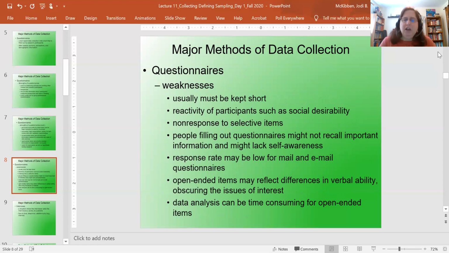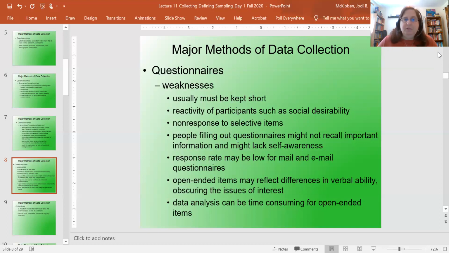And people filling out questionnaires when they're about opinions and attitudes, they might not report important information that they don't remember or that they're not aware of. If you do mail or email those kind of questionnaires, you can get really low response rates. It's really hard to get people to respond. People tend to be a little overwhelmed these days with research requests.